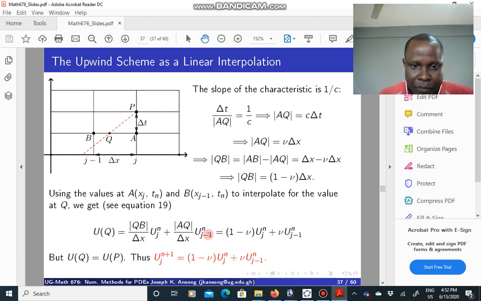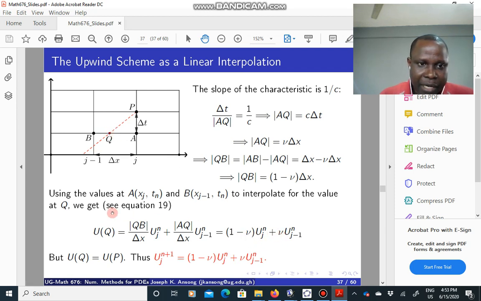Now if you go back here, QB over delta x, dividing through by delta x, you get 1 minus nu. AQ over delta x is just nu. So I have (1 minus nu) u_j^n plus nu u_{j-1}^n. So the value of u at Q is given by this.